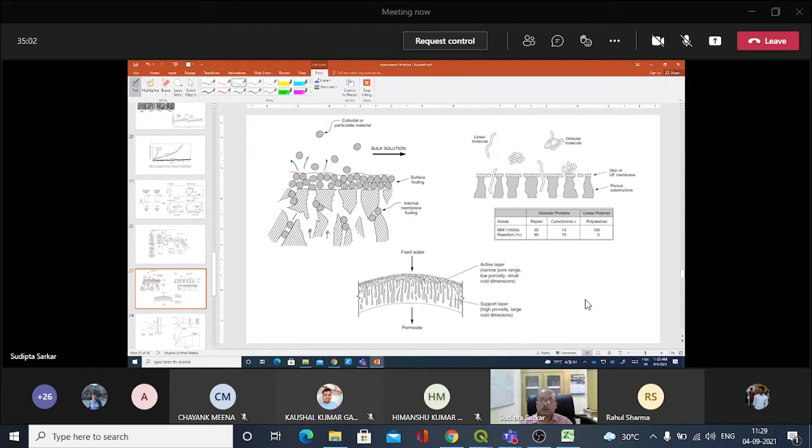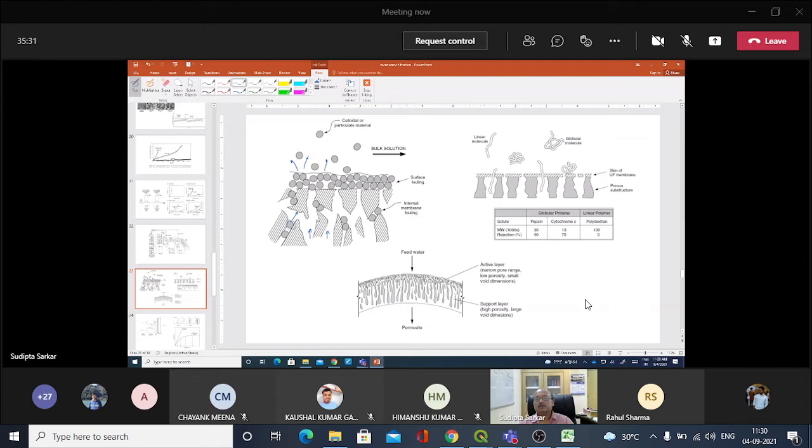This particle will be stuck here. Even if you force it using high pressure backwashing, it may not get out, because whatever force you give, it will be stuck. So there is a limit to which we can clean the membrane using conventional backwashing.